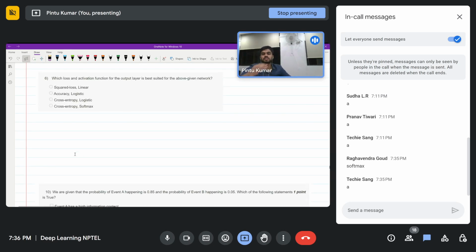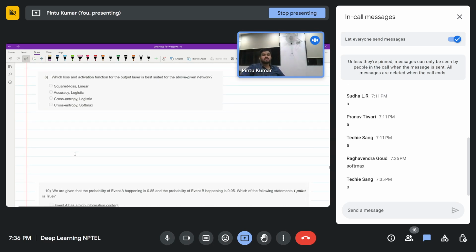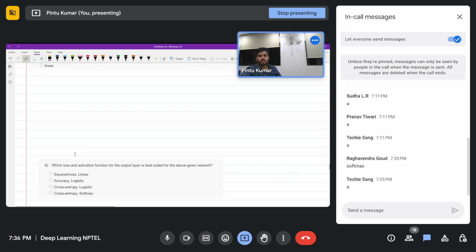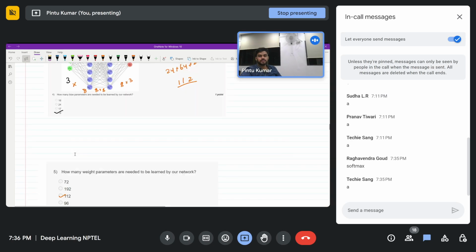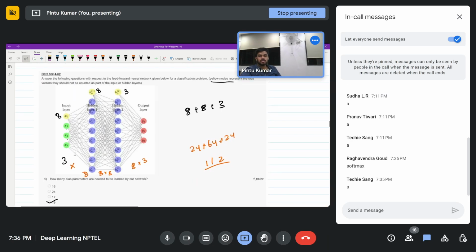The second question is, which loss and activation function for the output layer is best suited for the given network? The network I'm talking about is the question we did earlier, where your output layer has 3 outputs, which means the person is trying to do multi-class classification.